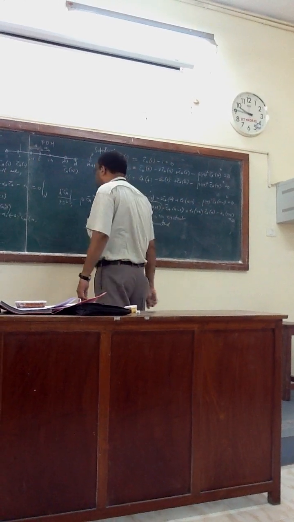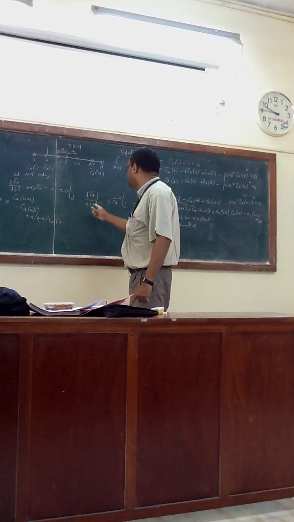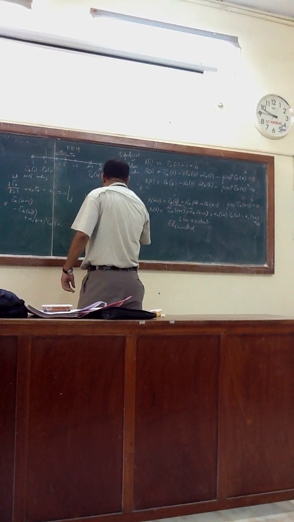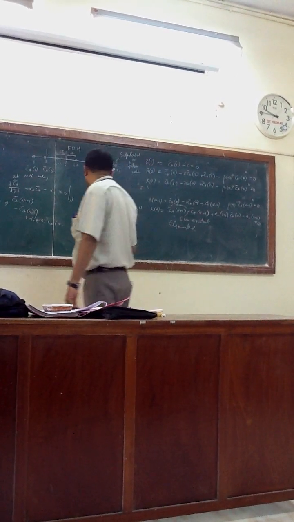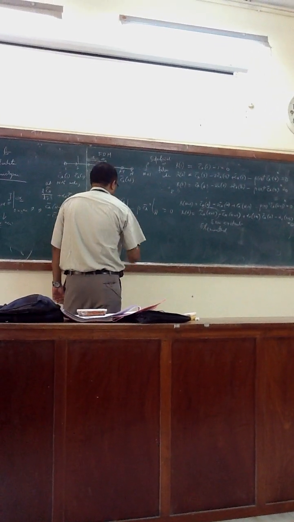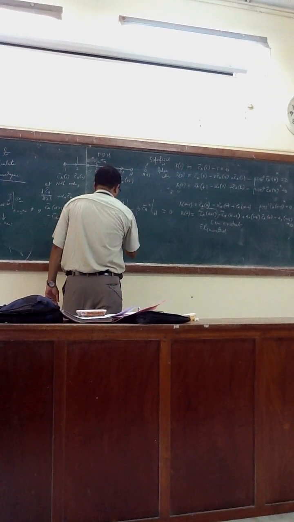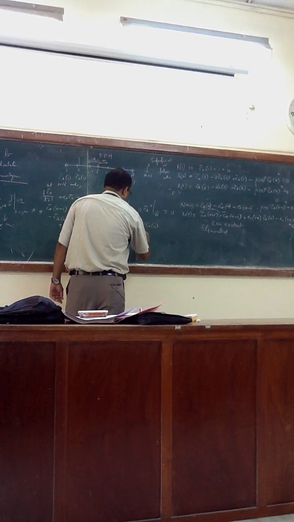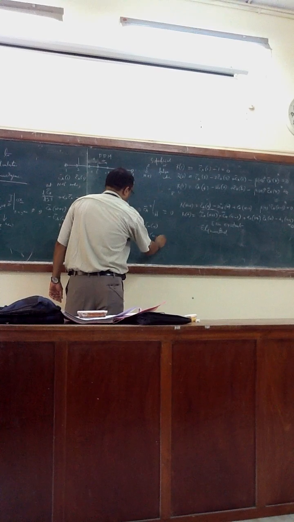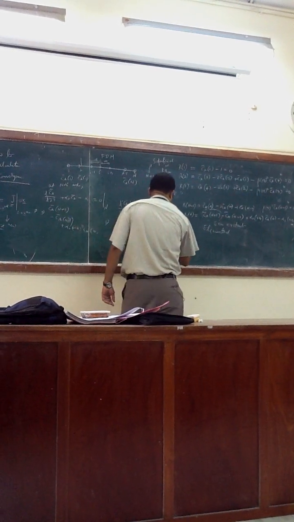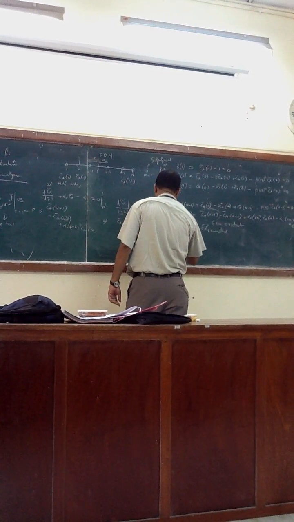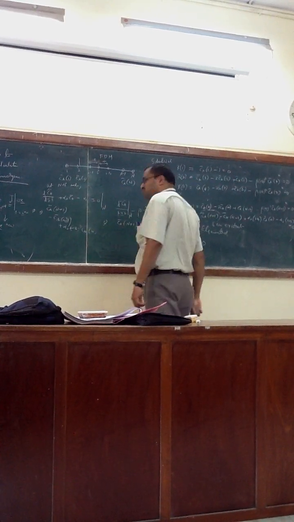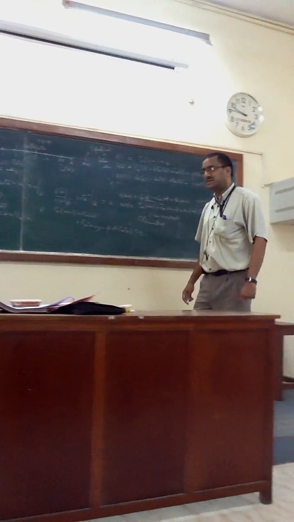How to eliminate this one? We have differential equation d2CA by dz square. So we can write this equation for the nth node. What is that equation? CA bar n plus 1 minus 2 CA bar n plus CA bar n minus 1 minus beta delta z square CA bar of n to the power n equals to 0. Yes?